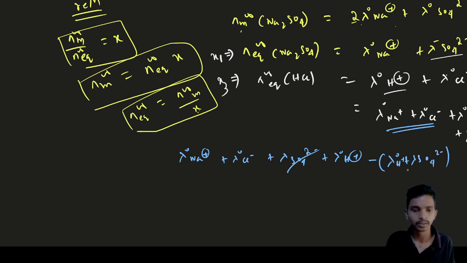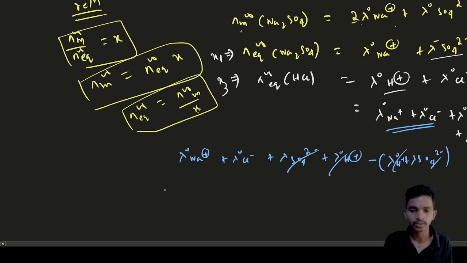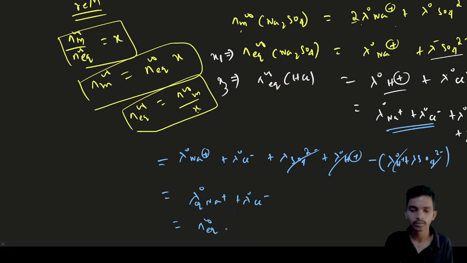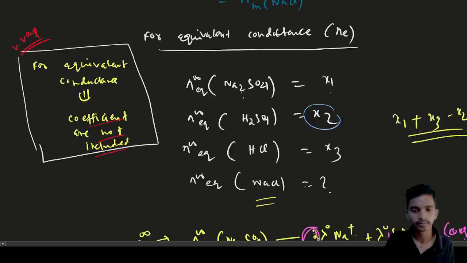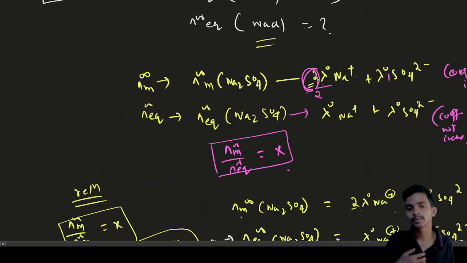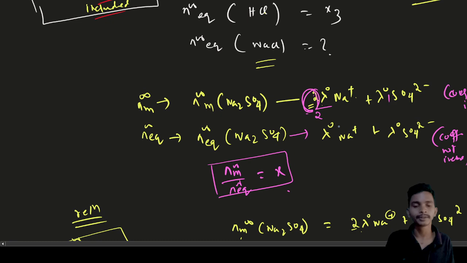Okay, so this and this cancel, so finally I am left with Cl minus. So we understand that for equivalent conductance we will not include the coefficients.